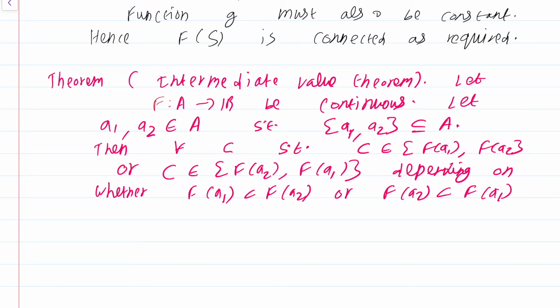If F of a2 happens to be equal to F of a1, then this result is entirely trivial. I'm not even going to take that case. I'm going to assume F of a1 is not equal to F of a2. So depending on whether F of a1 is less than F of a2 or F of a2 is less than F of a1, choose C in this.